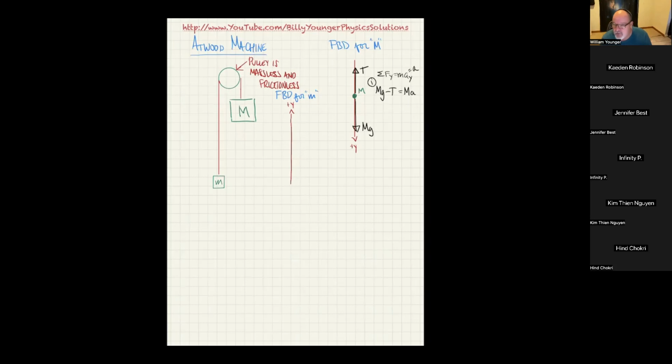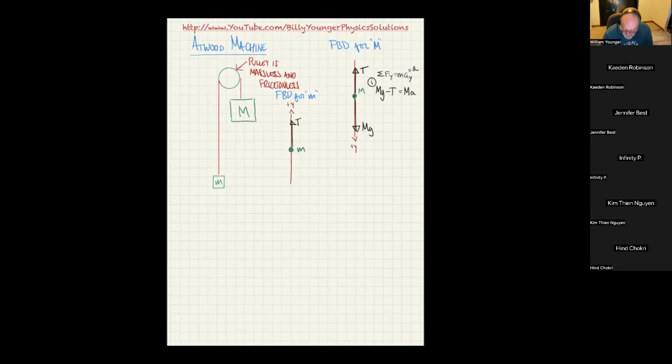You don't have to do this, but otherwise you're going to have to make up another equation like A on the right is equal to negative A on the left or something stupid like that. And it's just not worthwhile. So you definitely want to try to align these like I'm doing here. I'm going to take my mass, little m, and put it right here. And then acting in the upward direction, in this case, would be the tension.